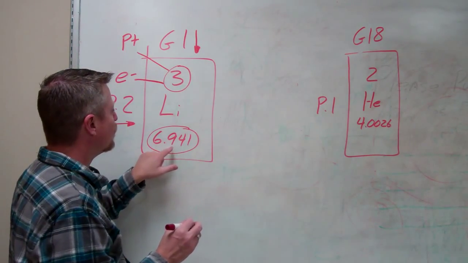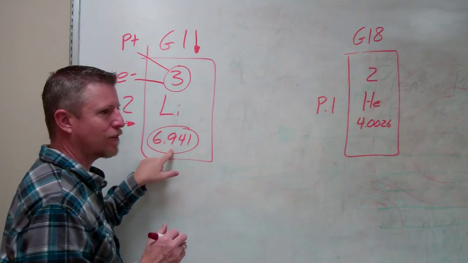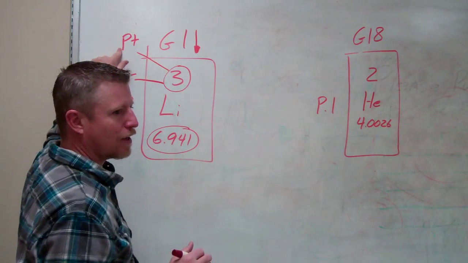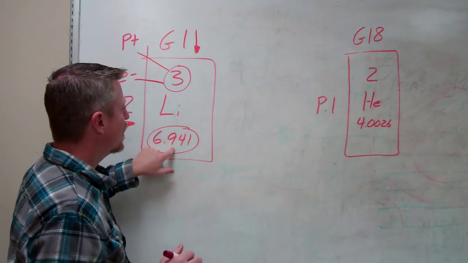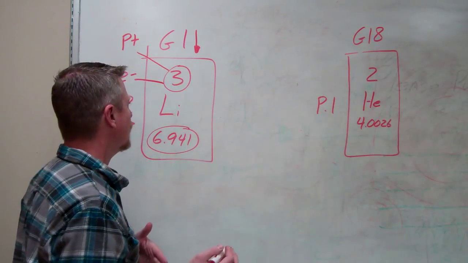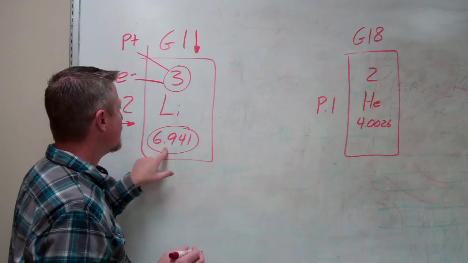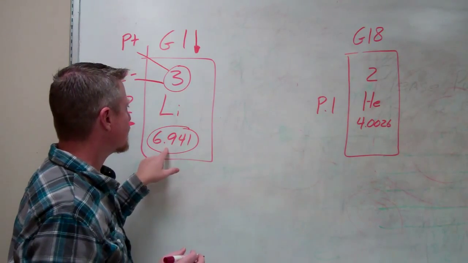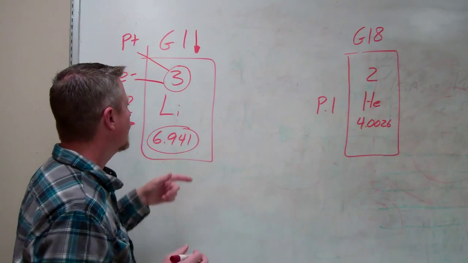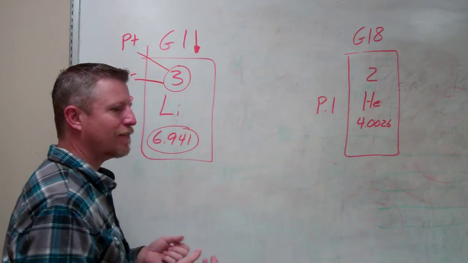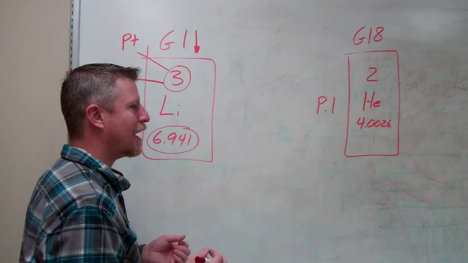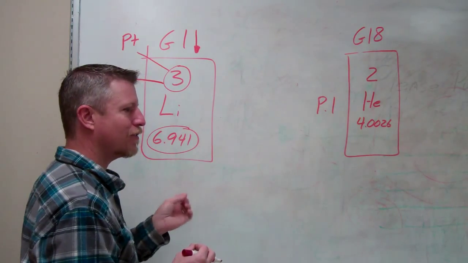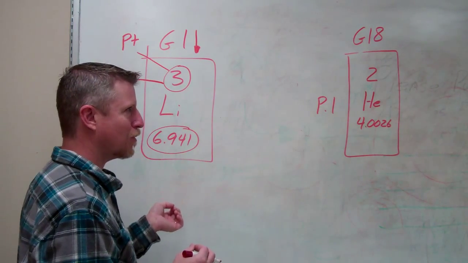So if we know that whatever is here is what's in the nucleus, and we know the protons, then if we can subtract this number from this number, what would be left over would be the neutrons. Now the problem is that this number is a decimal point, 6.941. Now that means that there are different variations of this atom. They're called isotopes, which means that certain atoms have extra or fewer neutrons than the more common form.